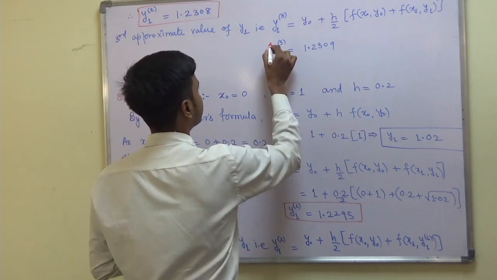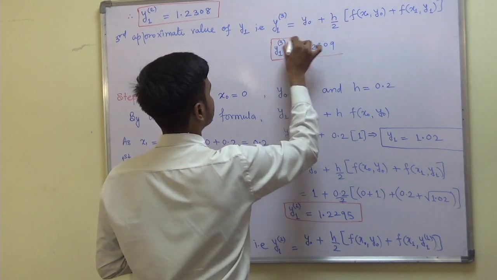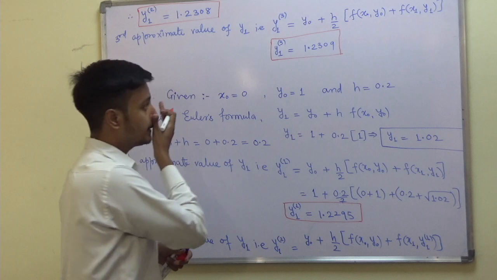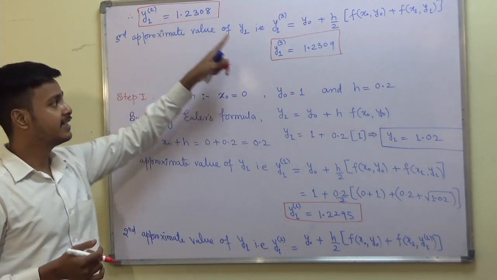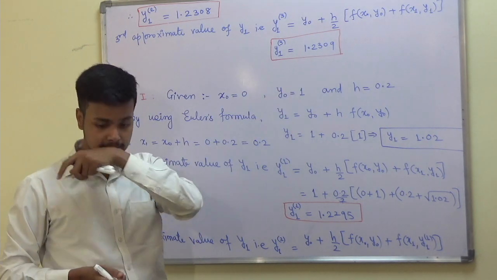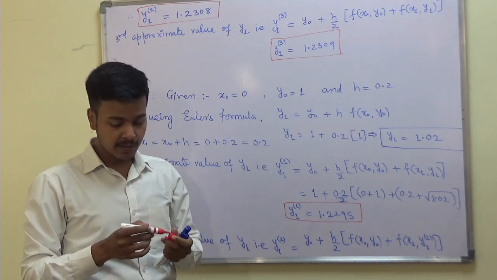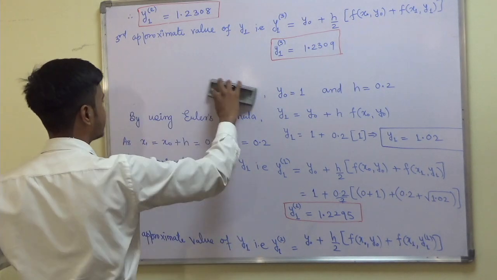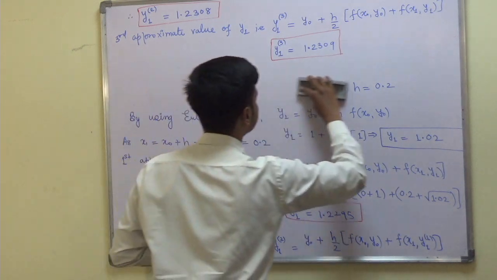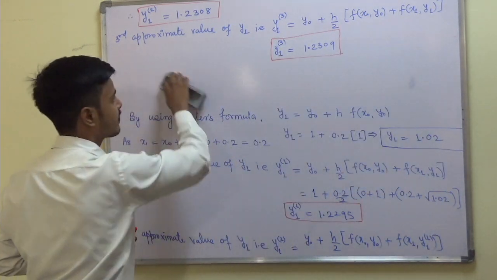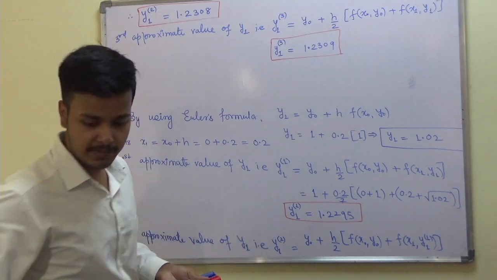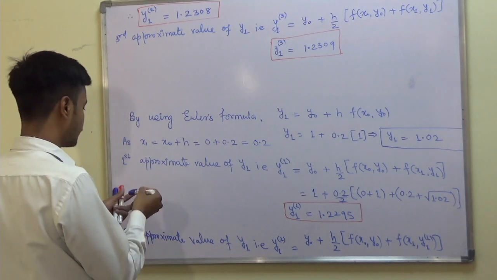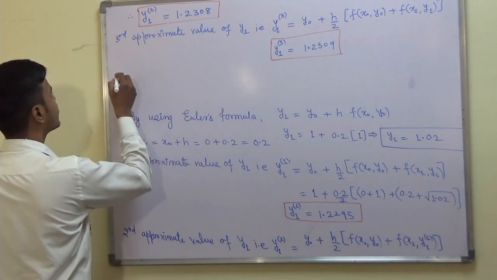Okay, now as you can see, the difference between the last and this value is 0.001, but it is good practice to get the values repeated. Okay, so let us find one more time. So what is the fourth approximate value?